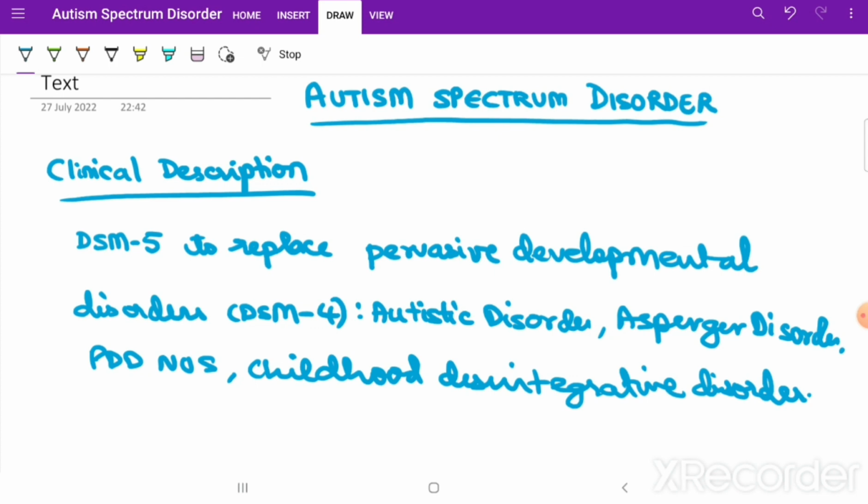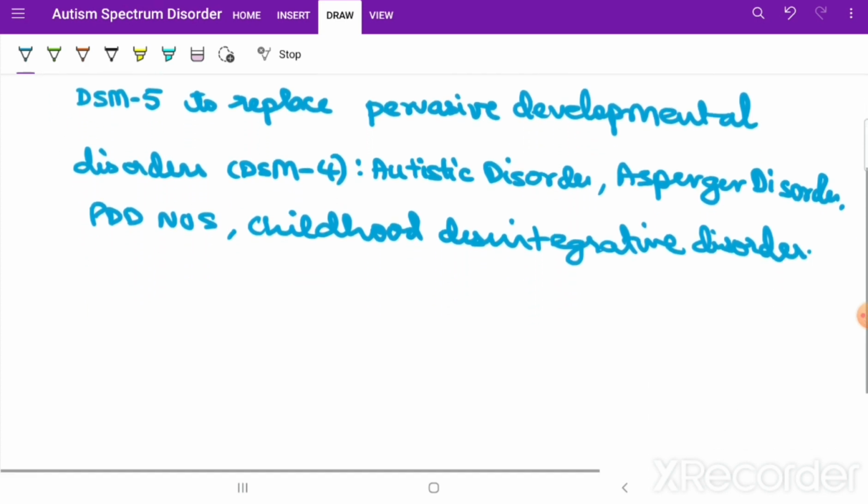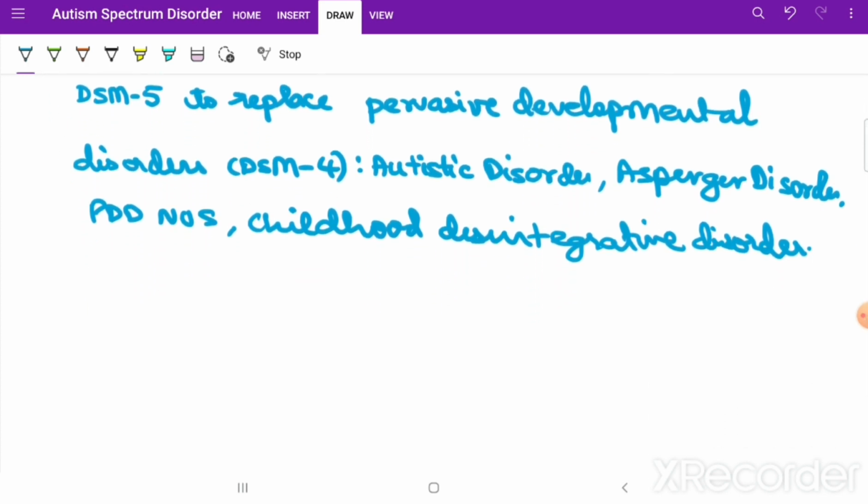Why was this change made? This change was made because the separate diagnoses were not reliably made, and they were not consistent over time. So the diagnostic criteria of ASD, which was made in DSM-5, focused on two key areas.